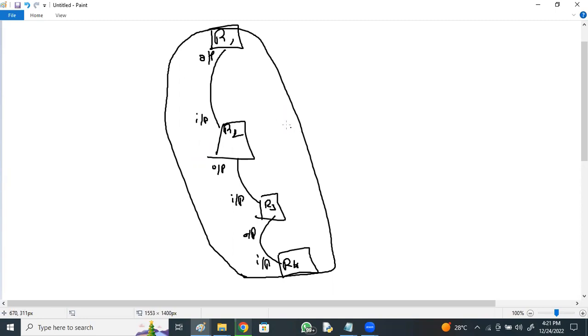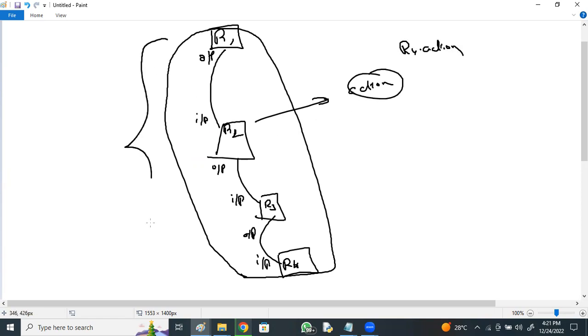Okay. So for this data flow to execute, we need to perform an action. If you perform an action on R4 dot action, then only the entire flow will execute from the beginning to R4, and R4 output will be collected.